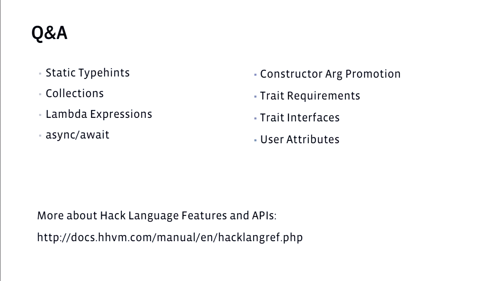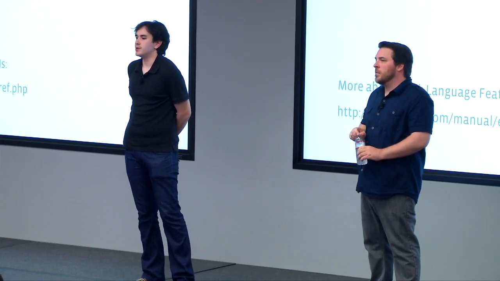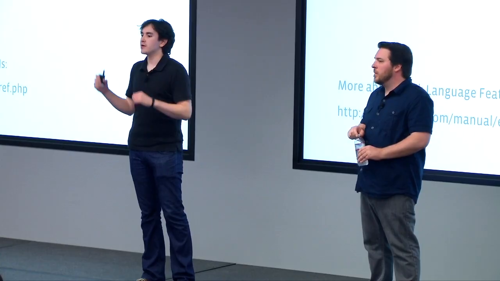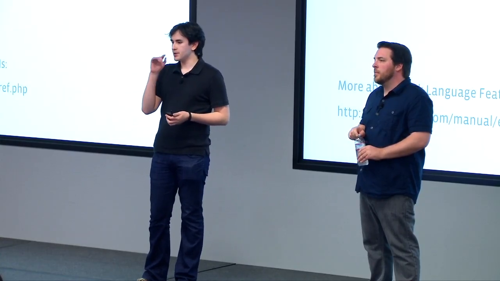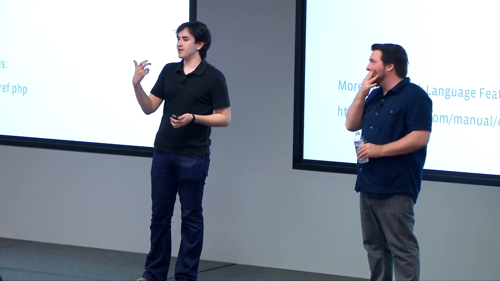Apologize in advance, but I have 2. For the user attributes, the expression that comes in the middle, is that just exposed as a string, so it could be parsed on its own, or back to EXPR? So it is parsed. It's the same sort of parsing that happens for default values in functions, so it's a scalar context. We have the string name of the attribute, and then we have the list of expressions that you've passed.